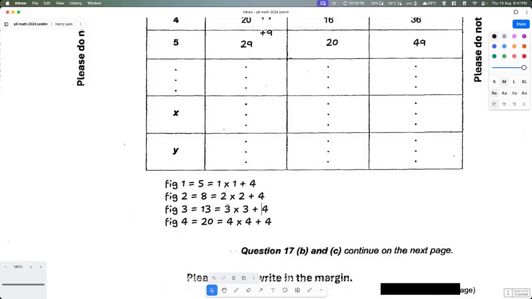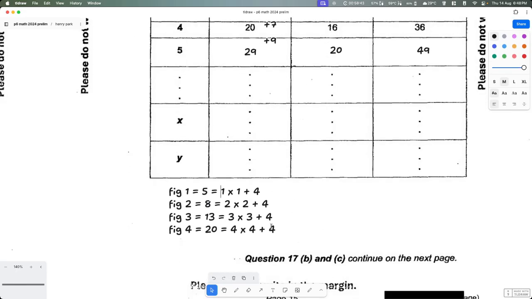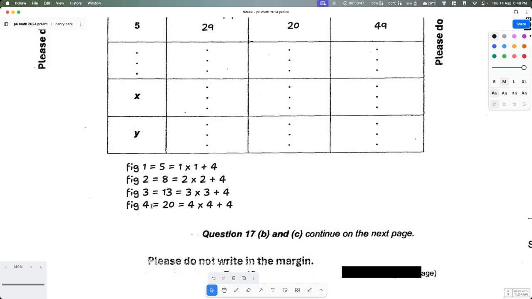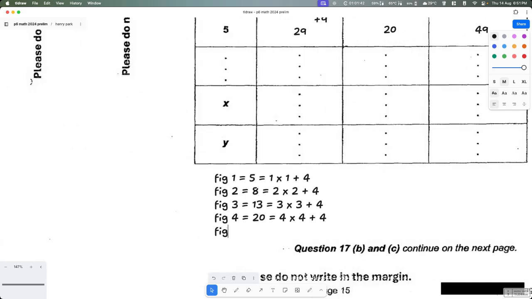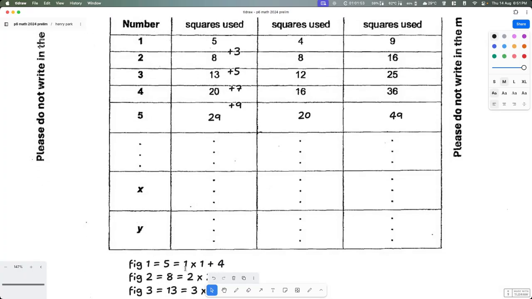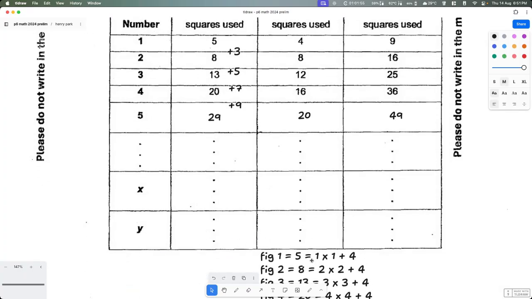So 2 times 2 times 4, 3 times 3 times 4. So in this case, 4 is the common number, which is also a bit hard to see over here. So figure n should be equal to n times n plus 4. That's about it.